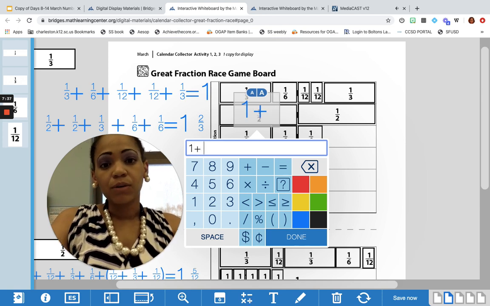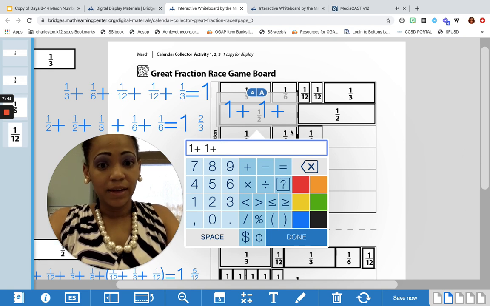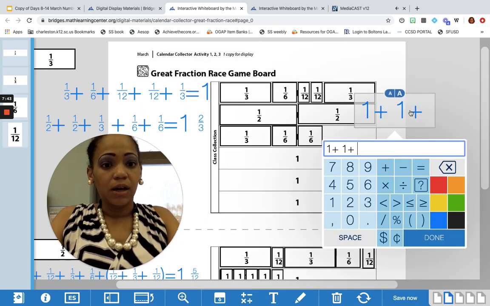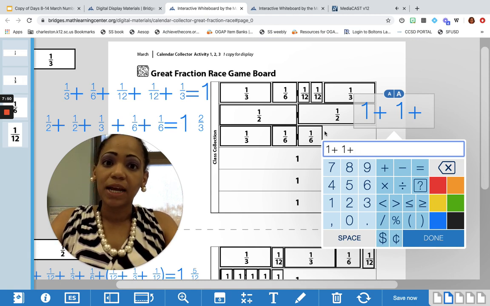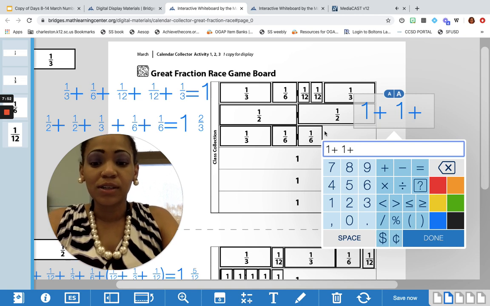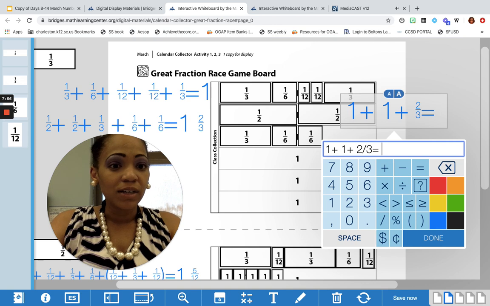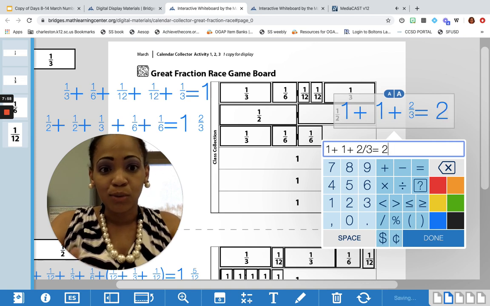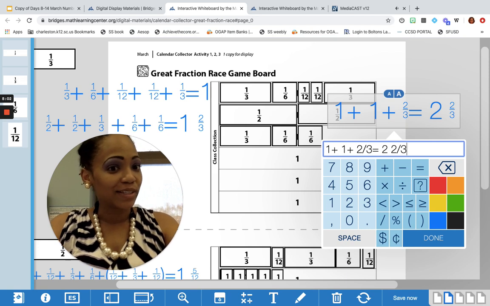We have 1 hole, plus we have another hole, and then we have, what did we say this fraction was right here? How much of a hole do we have filled up here? Right, 4/6 or 2/3. So I can write it like this. And so my total so far is 2 holes and 2/3, or 2 holes and 4/6. Okay?